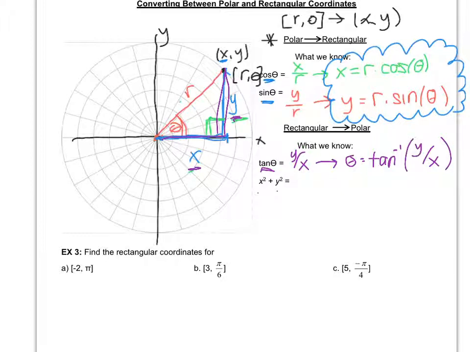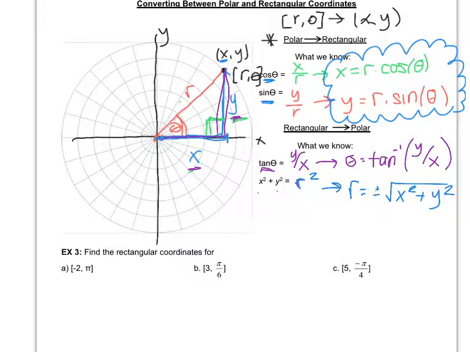So the values here would just switch to x squared plus y squared equals r squared, which means if we want to solve for r, we would just take the square root of both sides, and we would solve for r, which would be the positive or negative square root of x squared plus y squared.